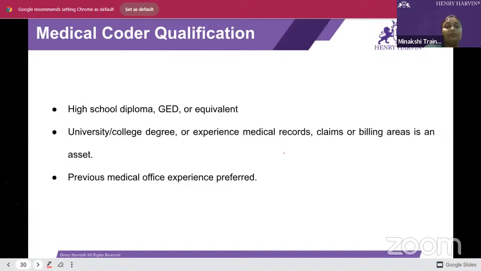Next, the very important part we will be talking about: what should be the minimum qualification as a coder. Officially, if you are an intermediate student, if you have completed your plus two, you can pursue this course. Okay. But some companies need degree holders.